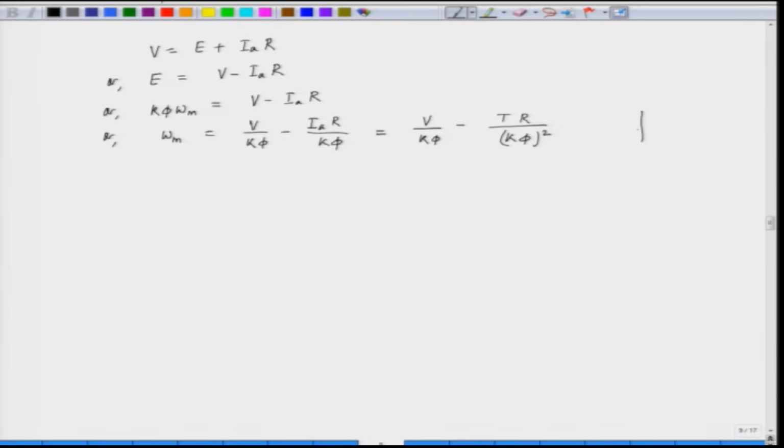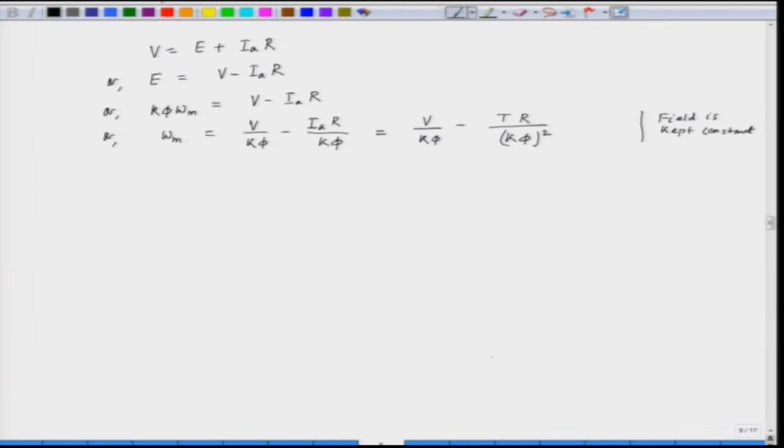So, we have kept the field constant. The field current is kept constant, we do not change the field current. So, we have a flux that is phi. This is the equation for speed. Now, the speed equation is V by K phi minus T R by K phi square.